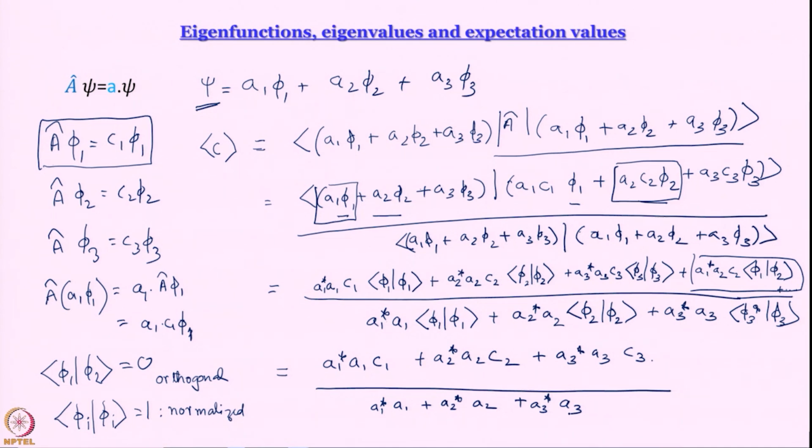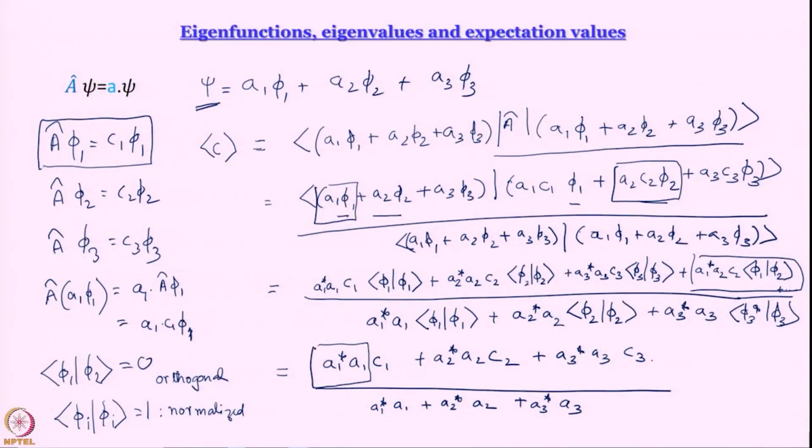So, it is important to understand what we have just seen. This is a very important aspect of quantum mechanics. What we have learned is that when you perform a particular experiment, you are going to experience one of these eigenfunctions. So, you will get one of their eigenvalues, fine. And when you perform an average measurement, the number of times you observe C1 or C2 or C3 depends on AI star AI.